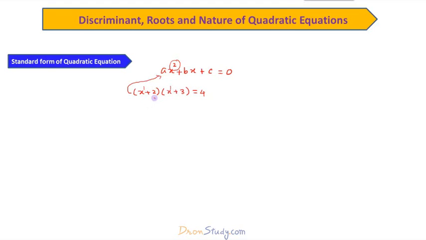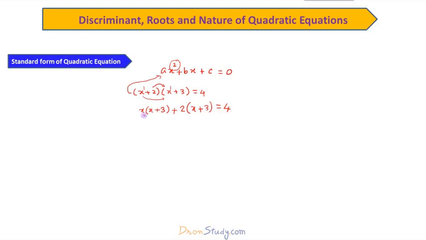So first multiply these 2 brackets. For doing so, we multiply by x to this bracket and then by 2 to this bracket. So multiply x by the second bracket, that is x plus 3, plus 2 into bracket x plus 3, that is equal to 4.